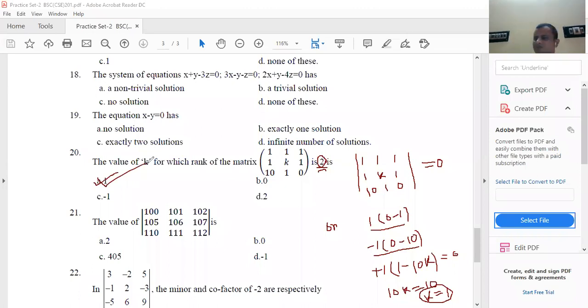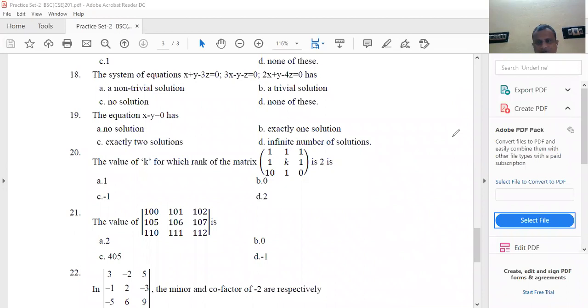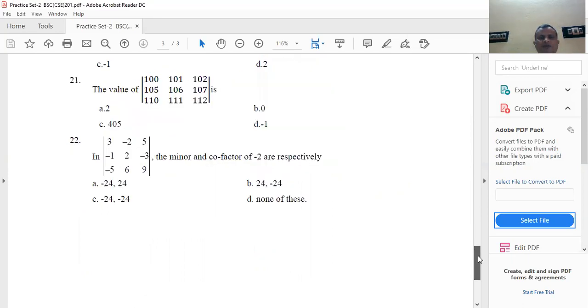Okay? Next question, question number 21. You can use the same pattern we have already mentioned in the previous class. What should be the value of this particular determinant? Using this property, you can easily find two identical columns.